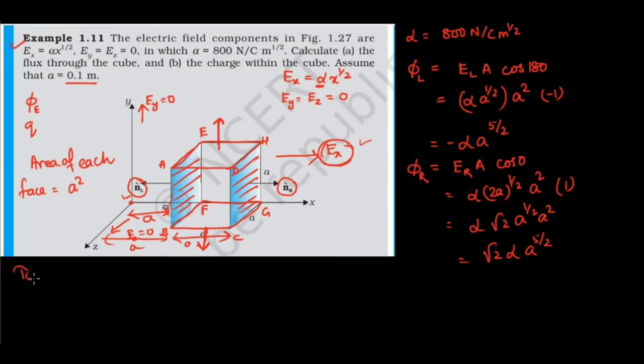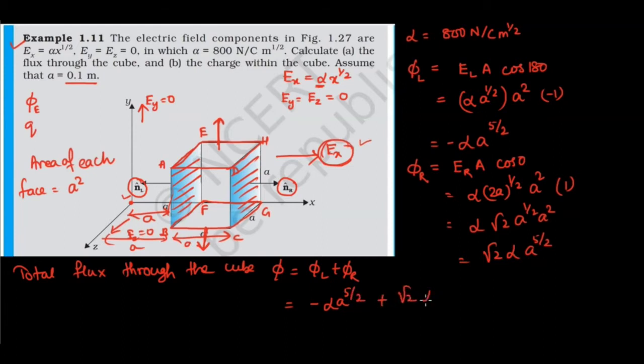So the total flux through the cube will be phi equal to phi L plus phi R. So phi L is minus alpha a to the power 5 by 2 plus phi R is root 2 alpha a to the power 5 by 2.